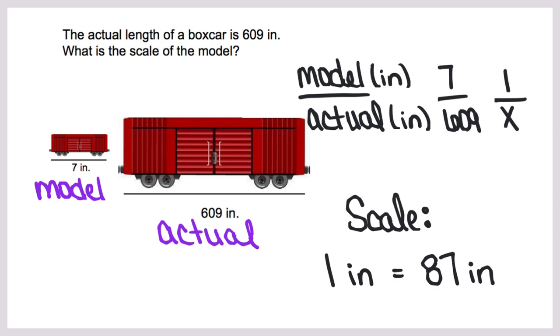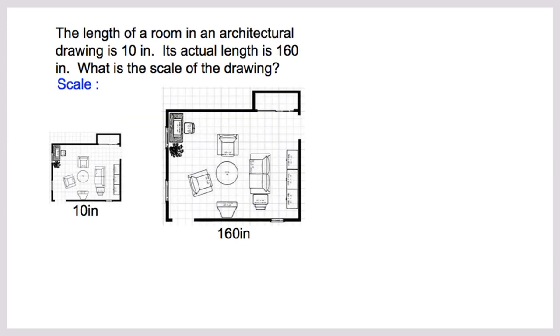When we're looking for the scale, we want to get the smaller thing down to a 1. Every 1 inch on our small thing equals so many measurements on the bigger thing. We're going to do another one.